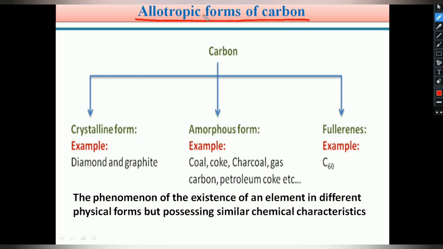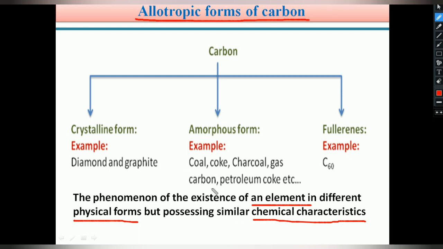The definition of allotropy is this: the phenomenon of the existence of an element, for example carbon here, in different physical forms but having similar chemical characteristics is known as allotropy.